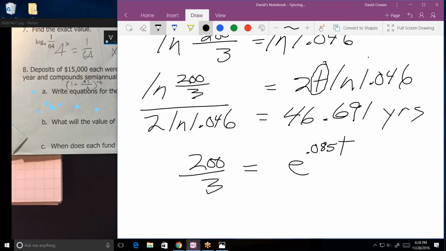Correct? You with me? I did a couple steps in one here. In other words, I still set v of t equal to 1,000,000. 15,000 was the initial in both cases, so I got to divide 1,000,000 by 15,000.